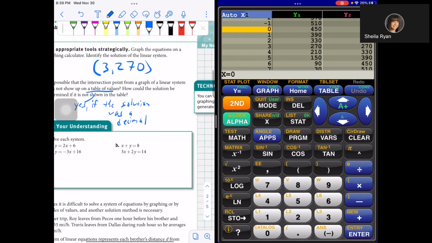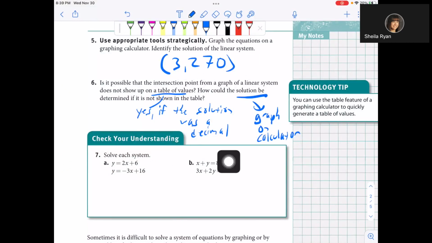How could we get the solution? We could graph on the calculator. We saw that example yesterday where the solution was like 1.8 and 0.4. The calculator had no problem finding that intersection. So if you don't see it in the table, maybe it's a decimal, and we can graph it on the calculator and do our second trace, number 5, enter, enter, enter.